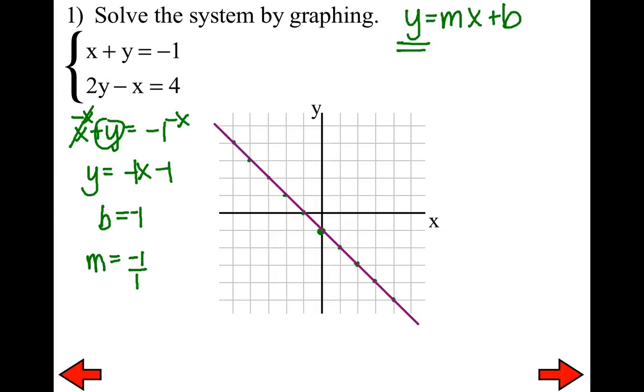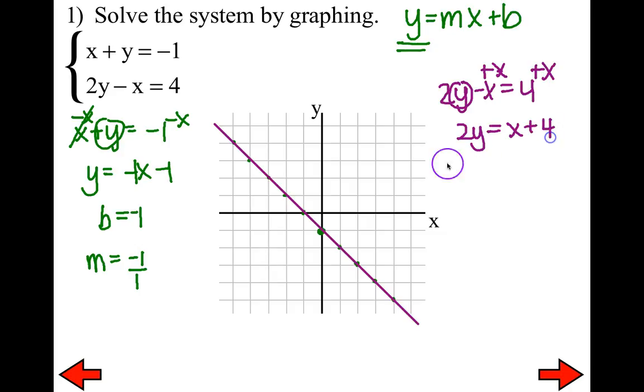And then let's transform our second equation, because unfortunately it's not in slope-intercept form either. So 2y - x = 4. Trying to isolate this y, it would actually be easier to eliminate this -x first. So I'm going to add x to both sides, leaving me with 2y = x + 4. Last but not least, I need to isolate my y.